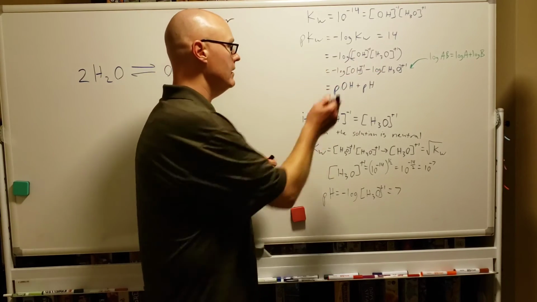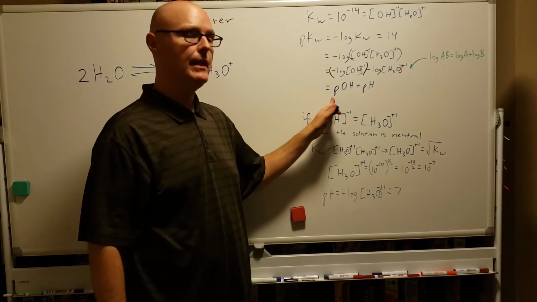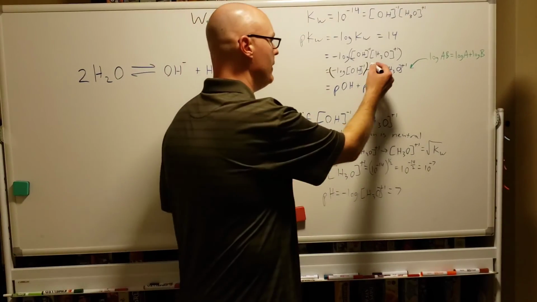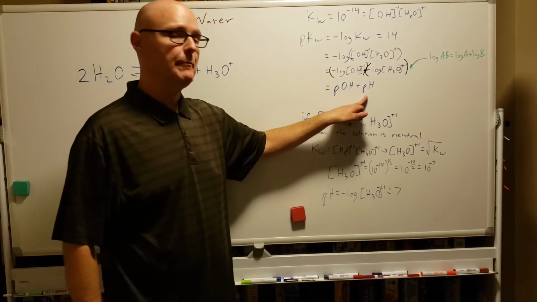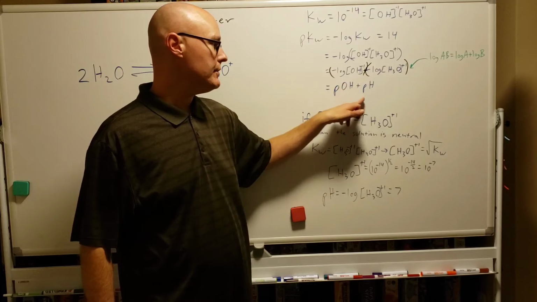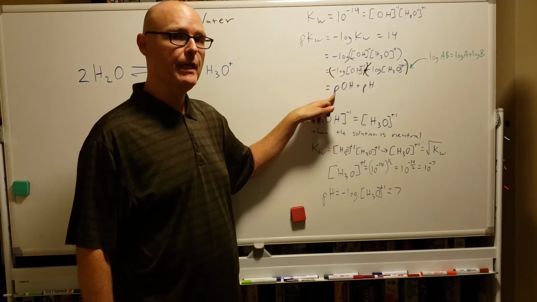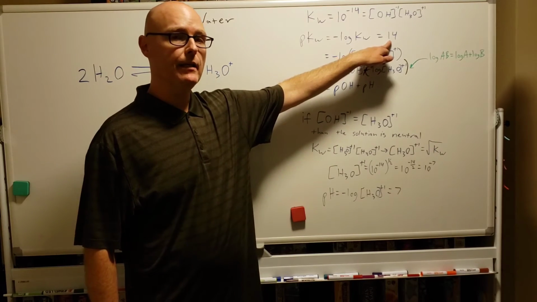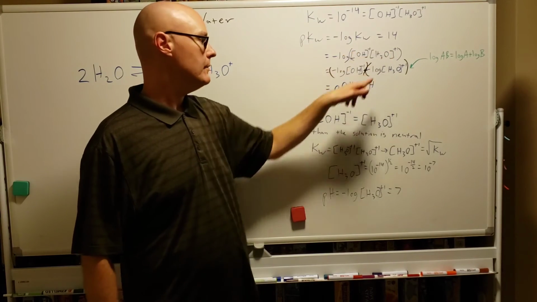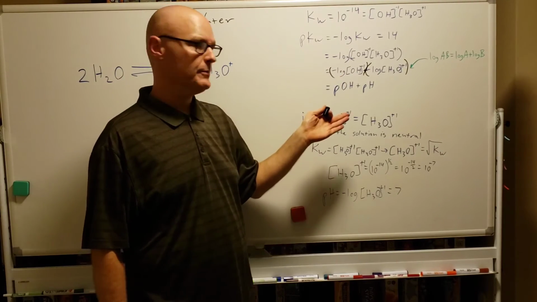This is the pOH, and this quantity is the pH. So the pH that I can measure will infer the pOH if I know the pKw. That's how we will use this in our examples.